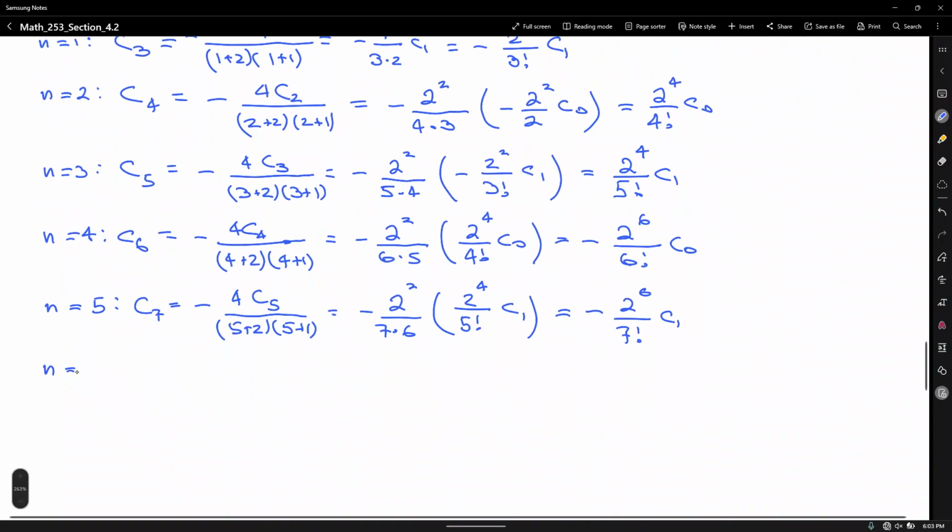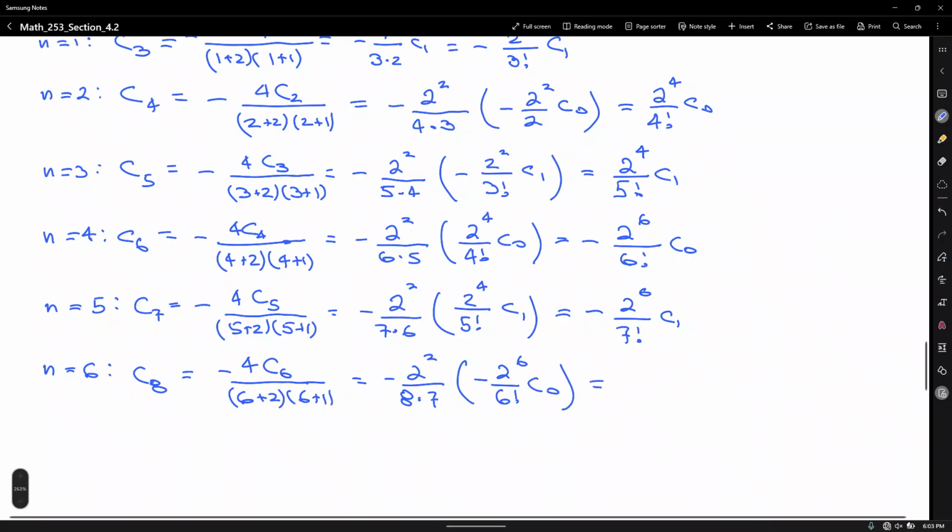Okay, and just one more. n equals 6. C sub 8 equals negative 4 C sub 6 over 6 plus 2, 6 plus 1. That'll be another negative 2 to the second power divided by 8 times 7. But wait a minute, what's C sub 6? Isn't that another negative 2 to the 6 over 6 factorial times C sub 0?